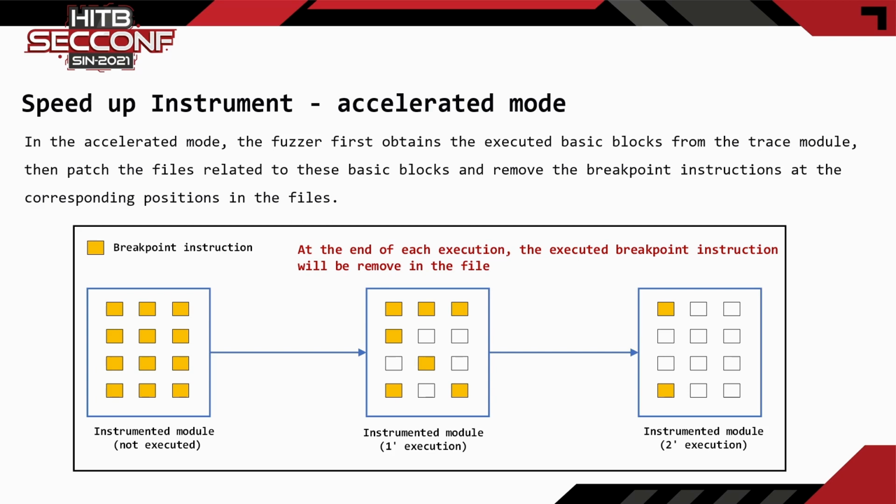The second blue box indicates that some breakpoints in the module are removed after the first execution. The third blue box indicates that more breakpoints are removed after the second execution. With the running of fuzzing, there will be fewer and fewer breakpoints in the module, and the number of breakpoints triggered by each execution will gradually decrease, so the traced process will execute at a speed closer to the original execution.